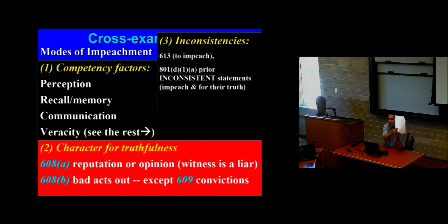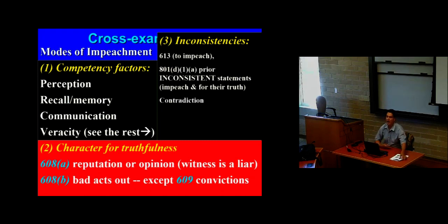Because I said it under oath at a trial, hearing, deposition, or other proceeding like a grand jury, it can now come in not only to impeach, to show that I say different things at different times, but also to show that this is actually true. I can use it for the truth of the matter asserted in the deposition or the trial where I said I went to the February 19th meeting. And so we could use it to impeach and for the truth.